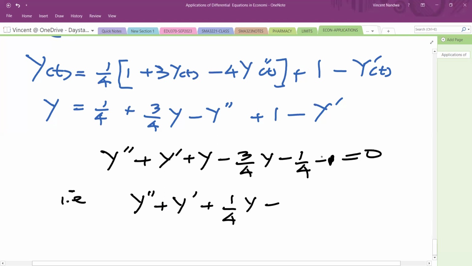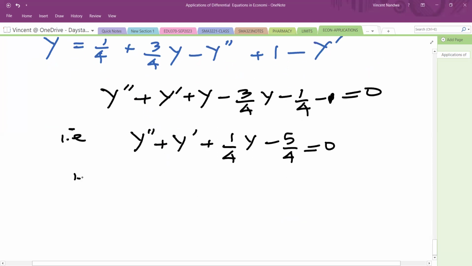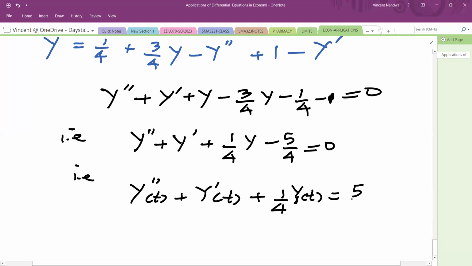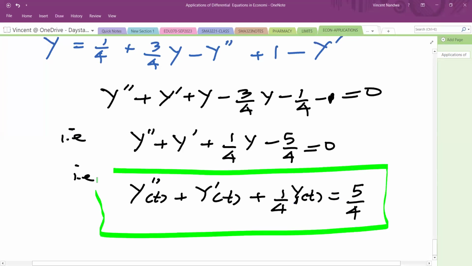Minus 1/4 minus 1 is minus 5/4 equals 0, which on rearranging, we have second derivative of y plus first derivative of y plus a quarter of y equals 5/4. And this is what we are supposed to show in the first case. So the first part of the problem is correctly proved.